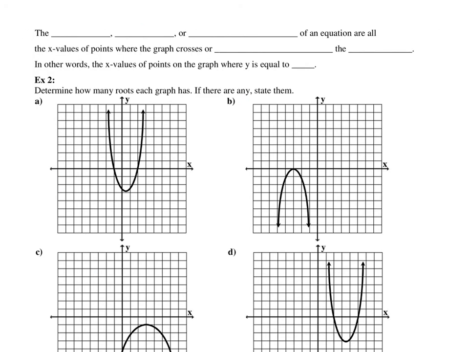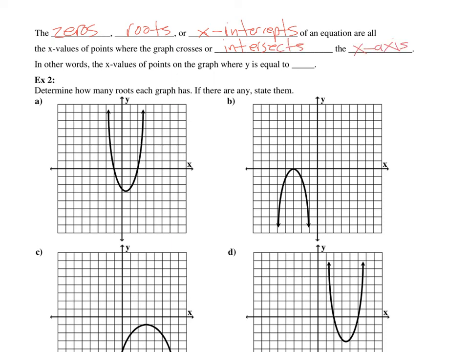All right, now the zeros, the roots, the x-intercepts of an equation are all the x values of points where the graph crosses, or another word for crosses is intersects, the x-axis.